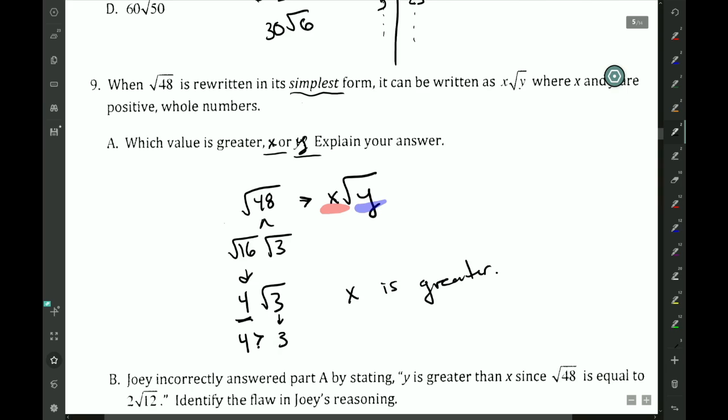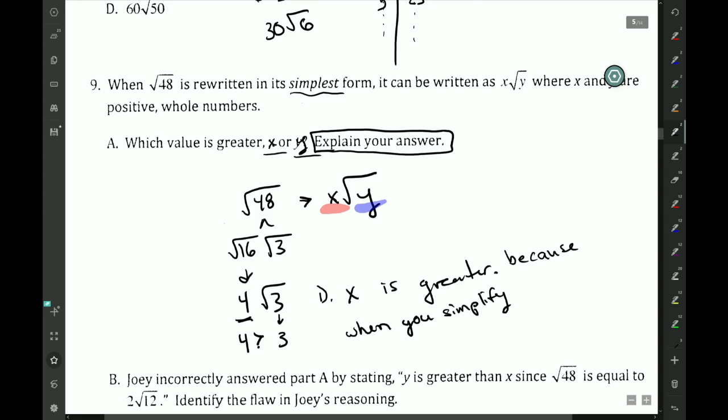It also asks for you to explain. So you are going to be getting points for 1, stating what the answer is, and 2, explaining. So x is greater because when you simplify, and always tell what operation you do.